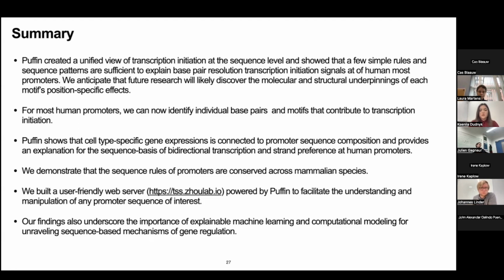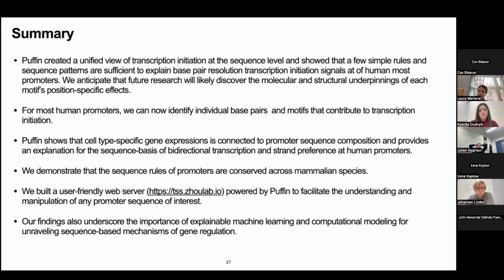We also showed that promoter activity on both strands likely shares a sequence basis, and that the rules of transcription initiation are conserved across mammalian species.